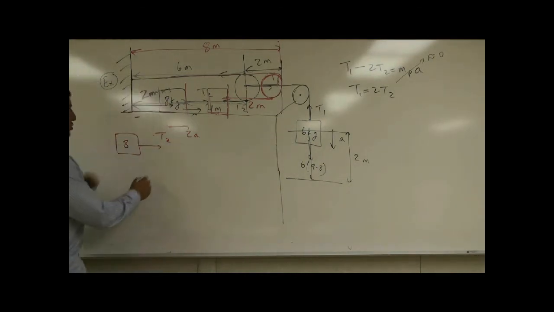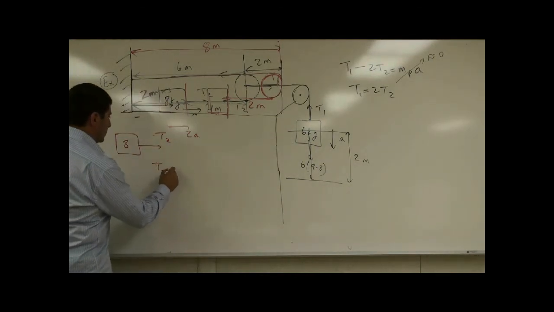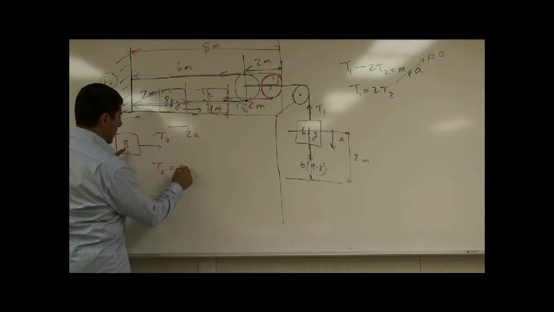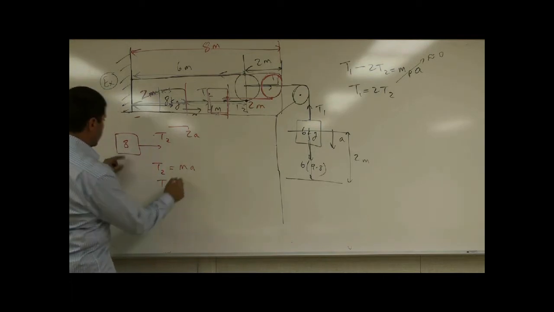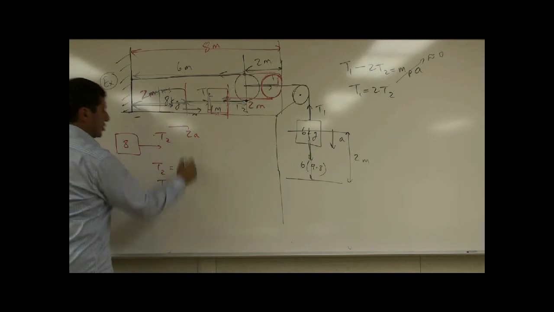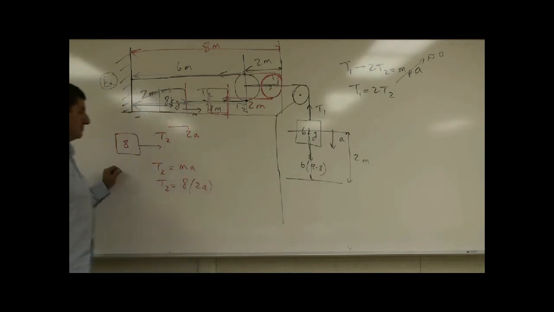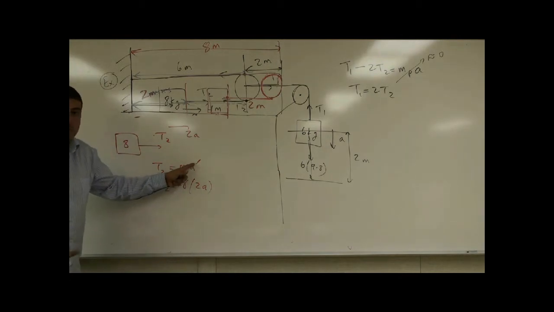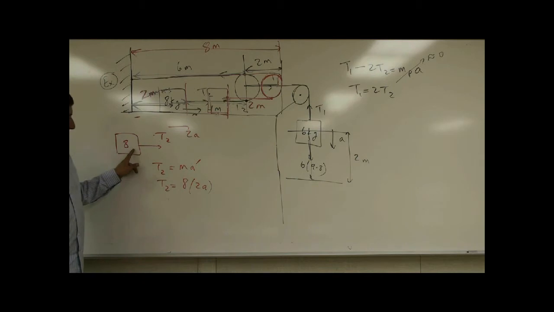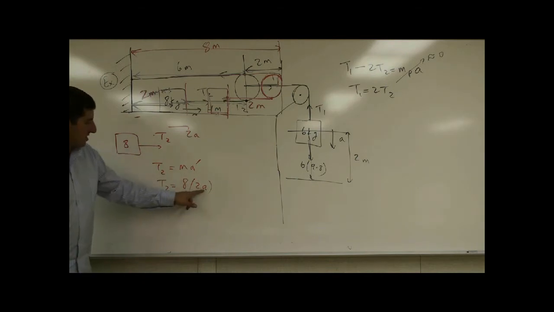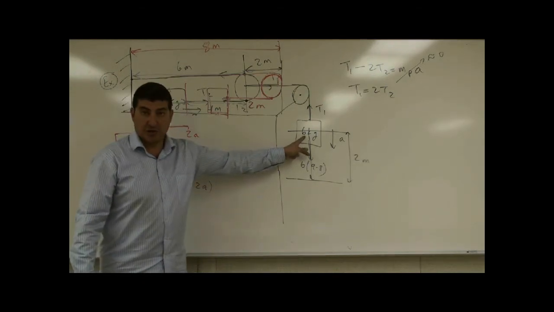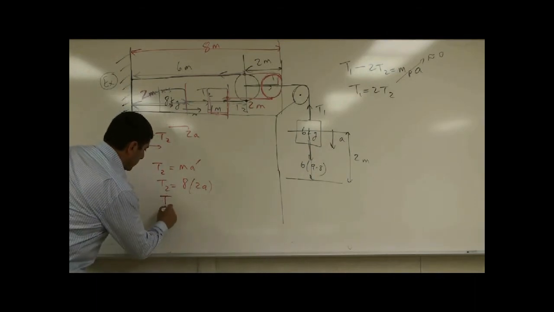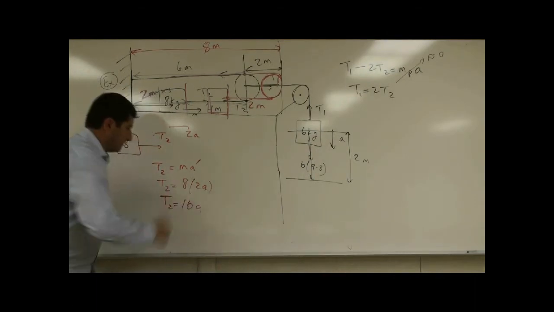So therefore the equation is T2 is equal to MA, its mass is 8, its acceleration is 2A. This is its acceleration, we can call it A prime. So mass of the block times acceleration of the block, and acceleration of the block is twice the acceleration of that block, which we're calling A. So T2 must be equal to 16A.